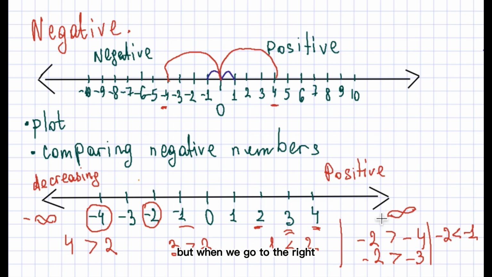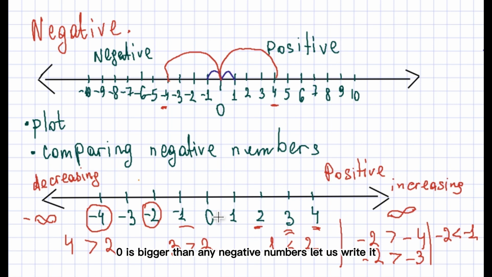But when we go to the right, numbers increase. And of course, any positive number is bigger than a negative number. 0 is bigger than any negative number. Let us write it.